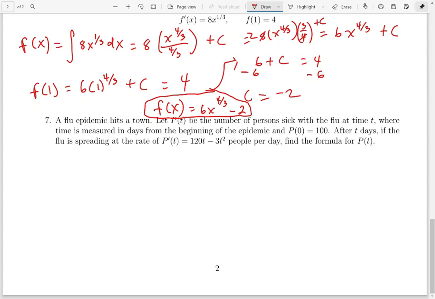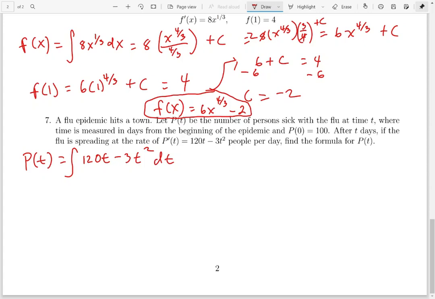So what can we do? Well, first off, recognize that P of t is the same as the integral of P prime of t, because, if you will, integration and differentiation undo each other in such a way, because they're opposites from each other. And so the integral of 120t minus 3t squared dt, we always need that.